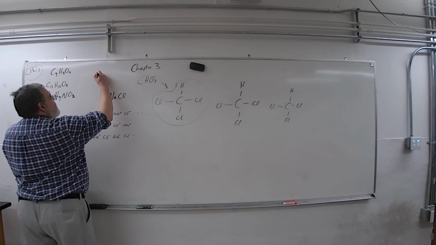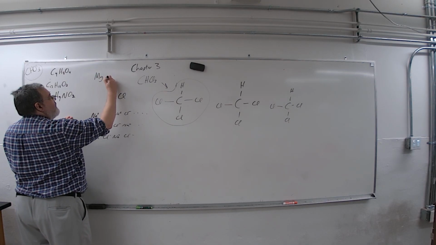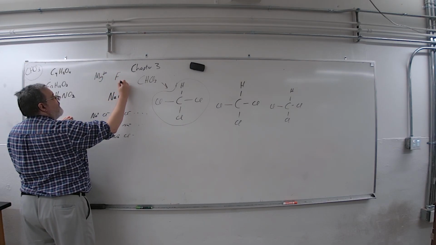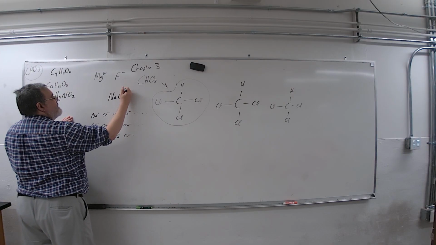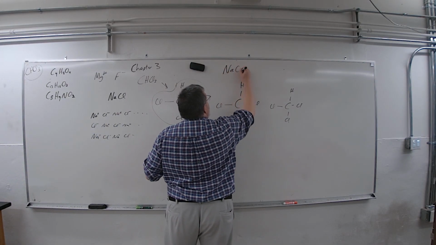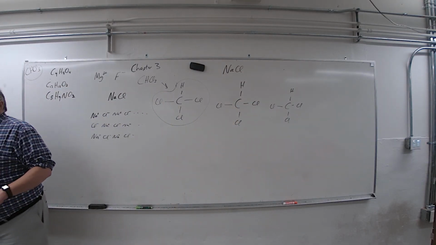Don't overthink that. If I said I had Mg, what's the charge on Mg? And what's the charge on F? It's -1. If I said, what's the formula for that? Well, we keep NaCl over here. And I said, okay, so what's the formula for that?